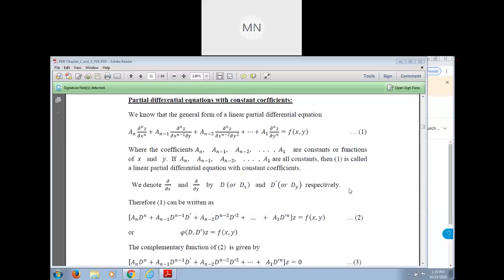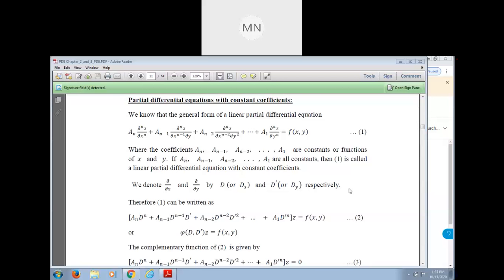We consider y as the dependent variable, so the derivatives are of y, and the equation looks like a del 2y by del x square plus b del y by del x plus c equals 0. But in a partial differential equation, it is mandatory to consider two independent variables and one dependent variable, and the derivatives of the dependent variable also come.